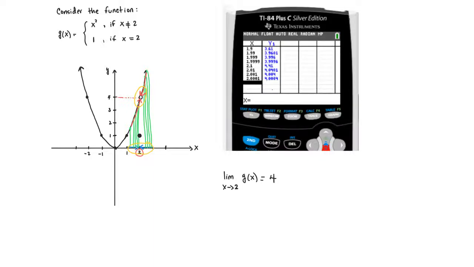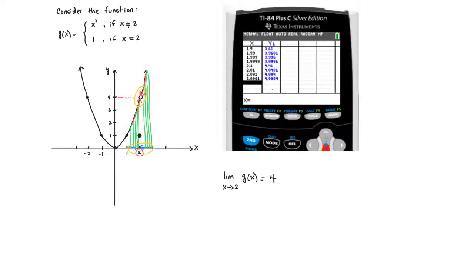As x is approaching 2, so x is not equal to 2, but x is really getting close to 2, the y values are the y values on the parabola. And those y values are getting closer and closer to 4. Notice how we are approaching the open circle, and the open circle is at 4. And that's what the limit is concerned about.